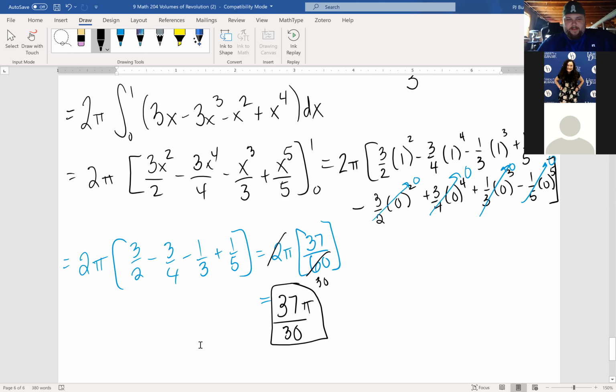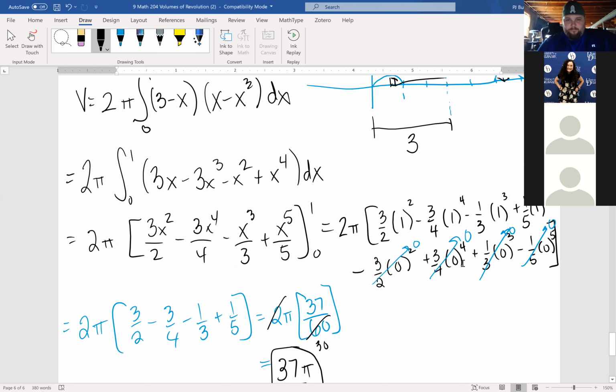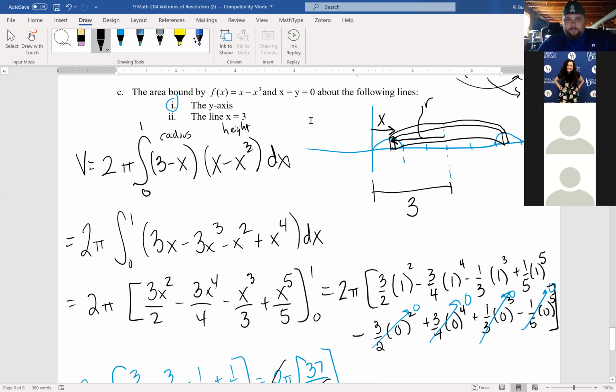So any questions about that one? Yes, I have a question. So we have the bounds as 1 to 0. Is that because when we did the graph, you graphed it, so because it's x equals y equals 0, and then when we graphed it, we saw it went to the 1? So it says bounded by the function, and we can't go any further than x equals 0, which means we're bound on this side, right? And we can't be any lower than y equals 0, which means we're bounded above.